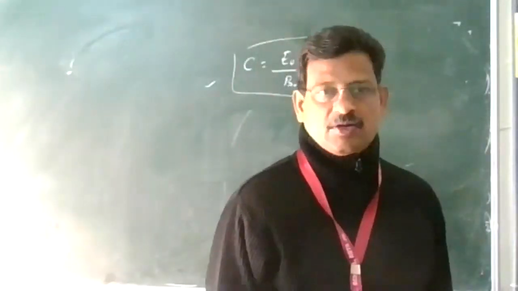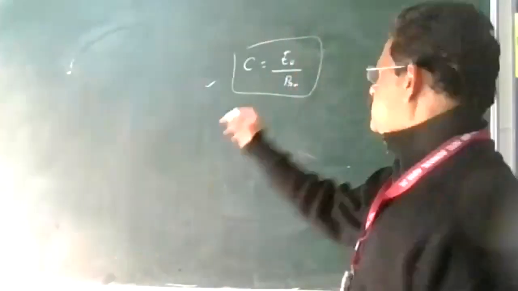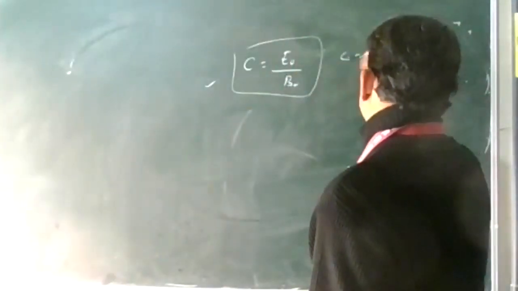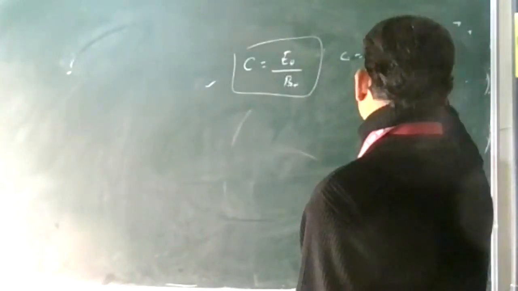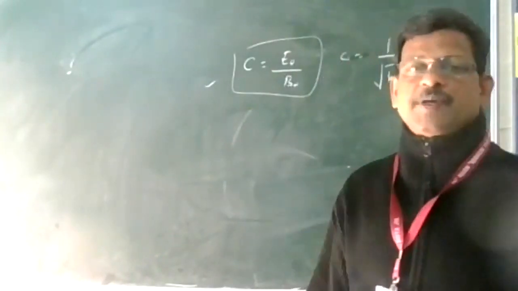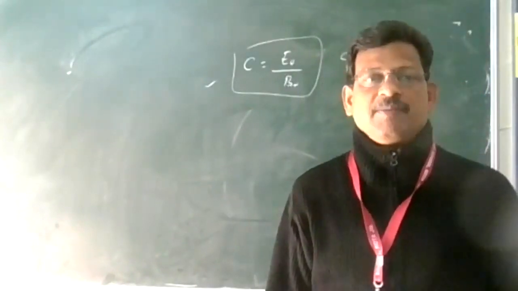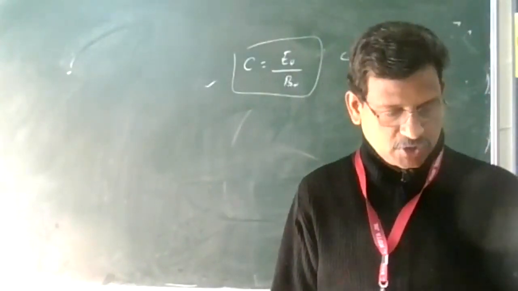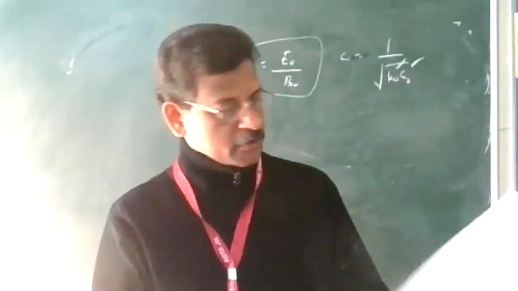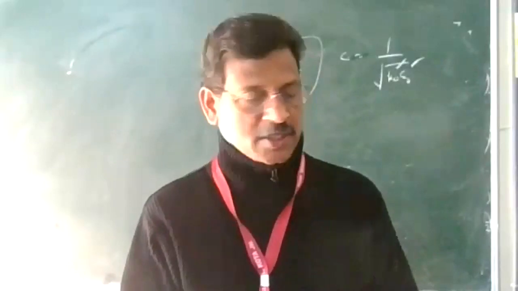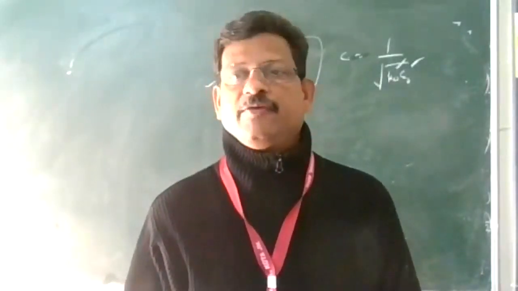The other equation is C equal to 1 upon root mu naught epsilon naught, because of the magnetic and electric constants, permeability and permittivity. These are the types of 1 mark questions you get, and you know how to make electromagnetic waves. These are the different points under electromagnetic waves.